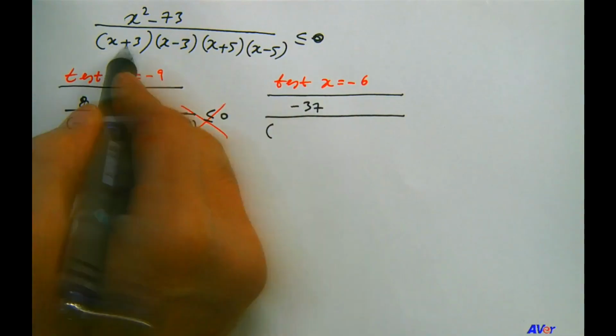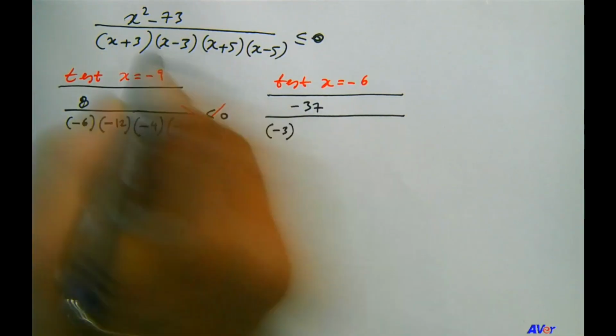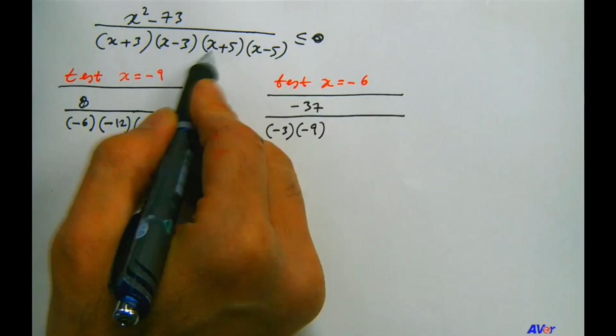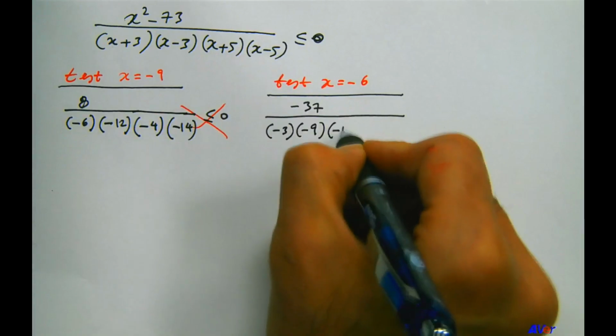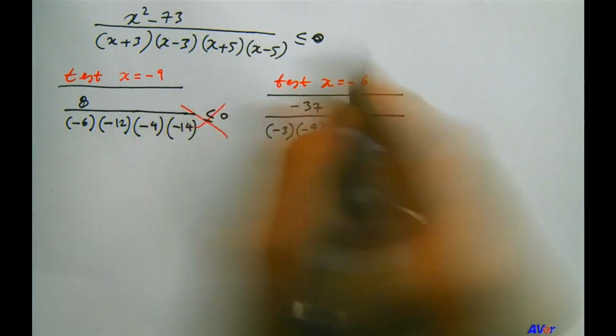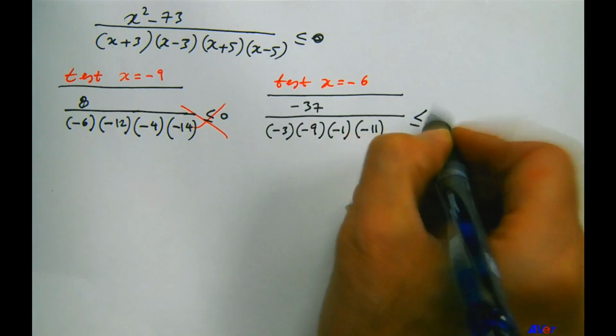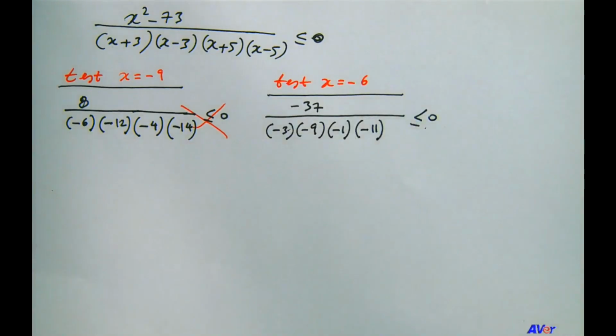Negative 6 plus 3, negative 3. Negative 6 minus 3, negative 9. Negative 6 plus 5, negative 1. Negative 6 minus 5, negative 11, right? And the question is, is the left side less than or equal to 0?